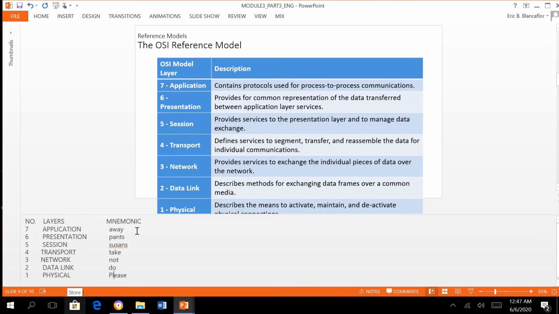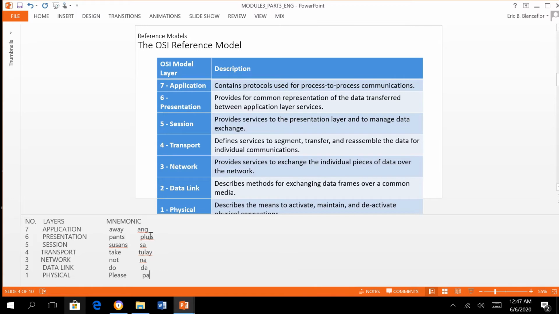There's also one in Tagalog: ang pulis sa tulay nadapa. Ganyan.